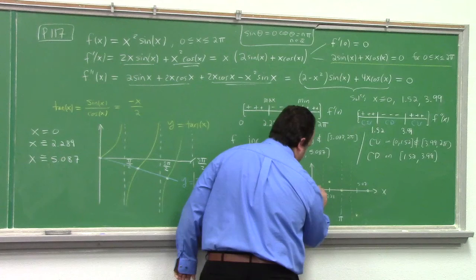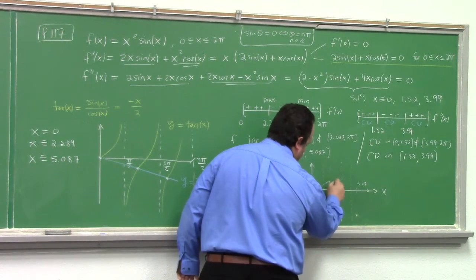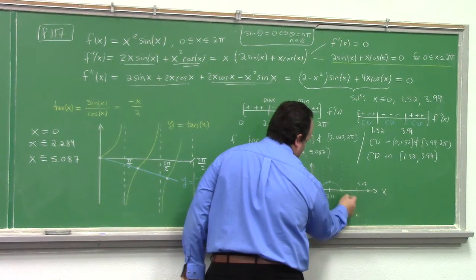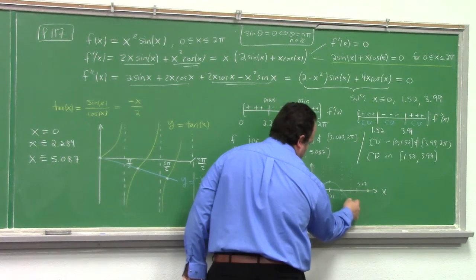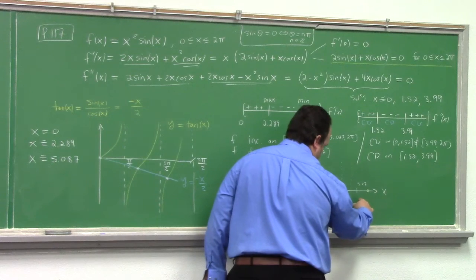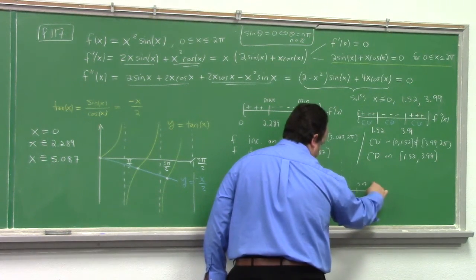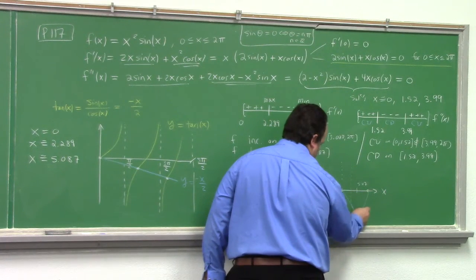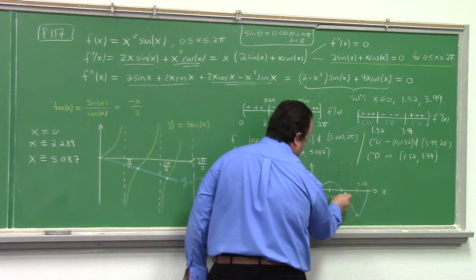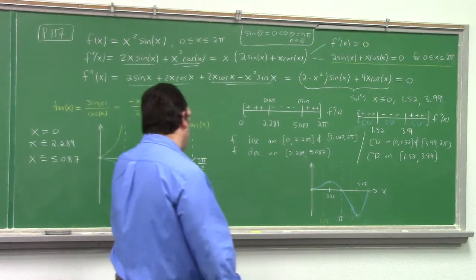But it's concave up like this, and then it flips over to being concave down, right? Concave down, hits this, and it flips back to concave up again past that. So the graph looks something like that.